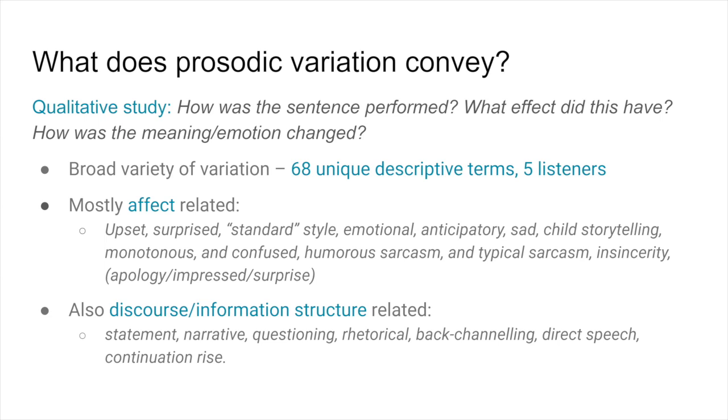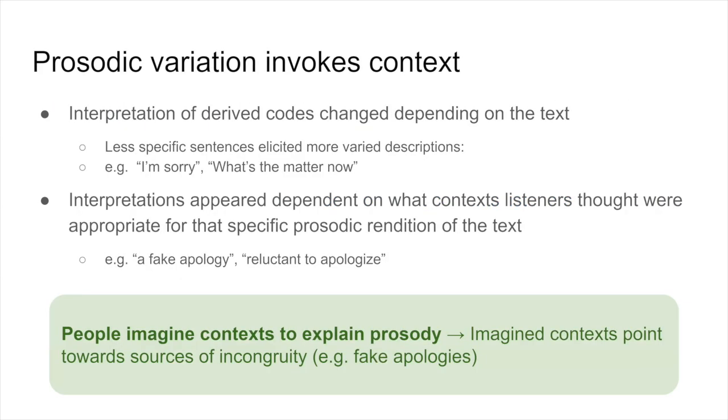They said things related to affect, like surprise or sad, or style, like storytelling style, or sarcastic or insincere. They also gave us discourse-related terms: it was a narrative, it was questioning, it was direct, there was a continuation. And they gave us a lot of contexts where they thought this prosody would be appropriate, like a fake apology, or somebody reluctant to apologize, or, as I told people in the other talk, a brother and a sister talking to each other and not really wanting to apologize.